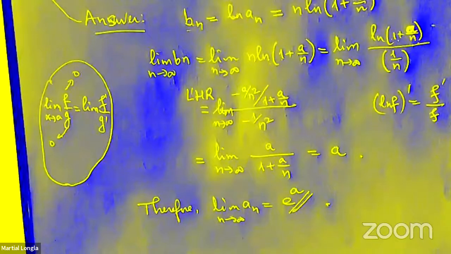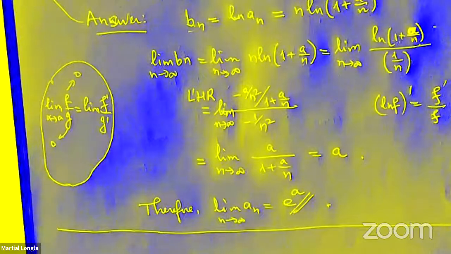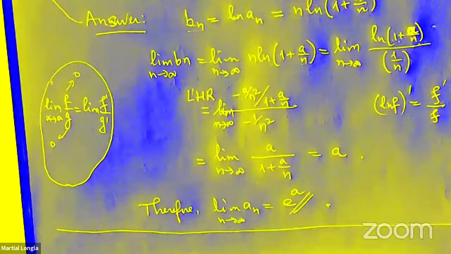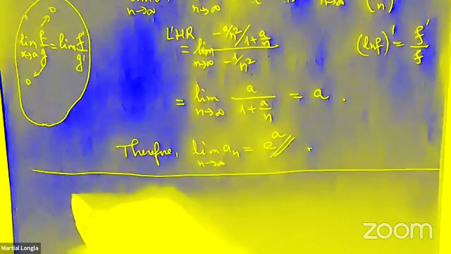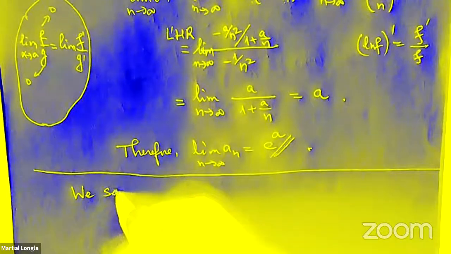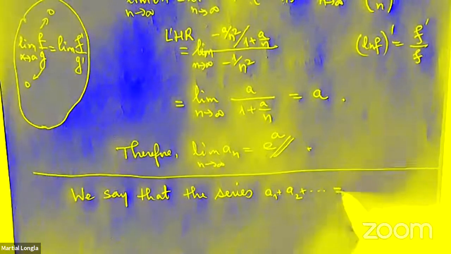All right, so if there's no questions, let me give you this other definition. We say that the series, and this series also is often denoted sum n from 1 to infinity an.